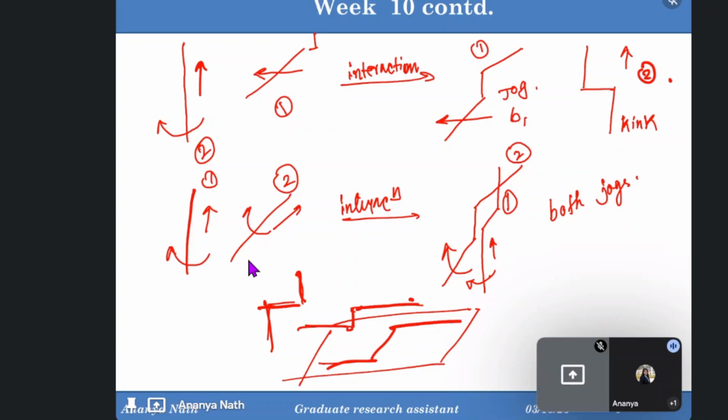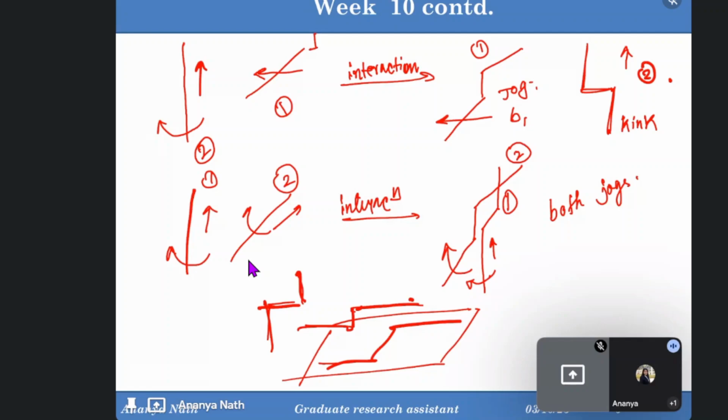There is a step which is moving like this, and by seeing this you cannot say whether there is a step or not, because that was a plane. But here it's a jog because it's moving in a separate plane.